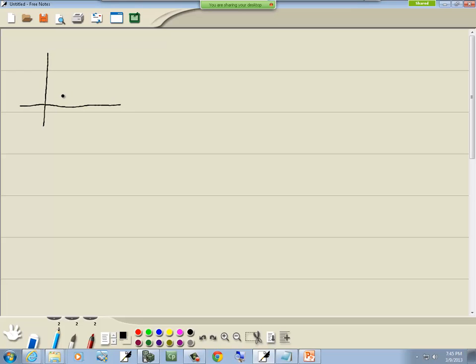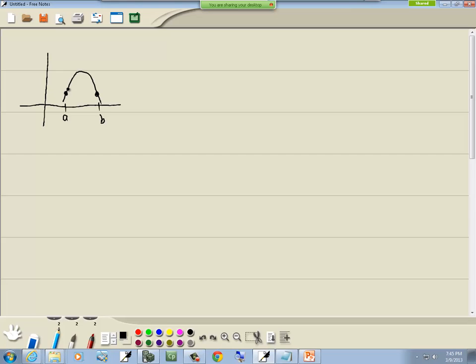It's a very simple concept. If the y values are the same at two different places, this is a and this is b, then, assuming it's continuous, doesn't have any holes in it or anything like that, my graph might look like this, or it might go down and come up.